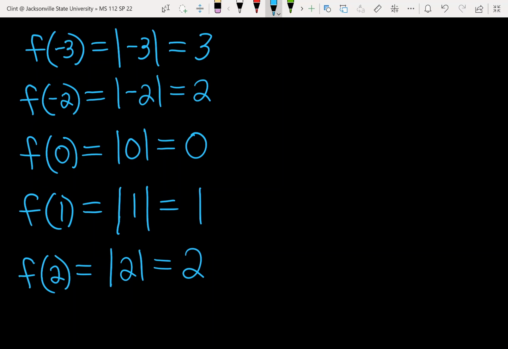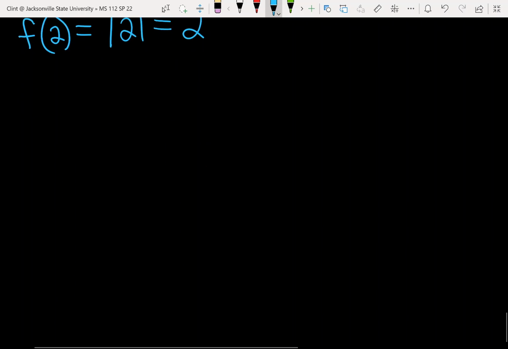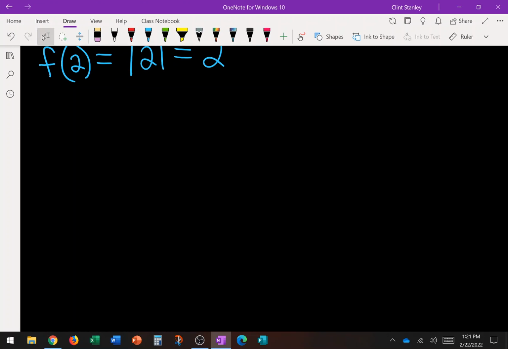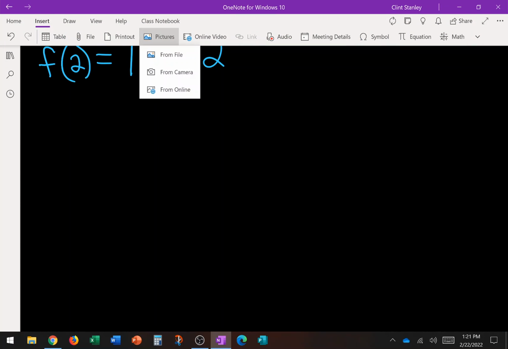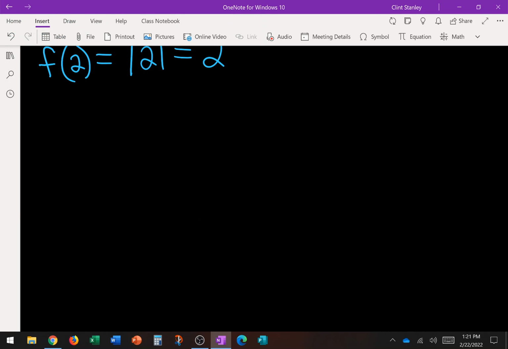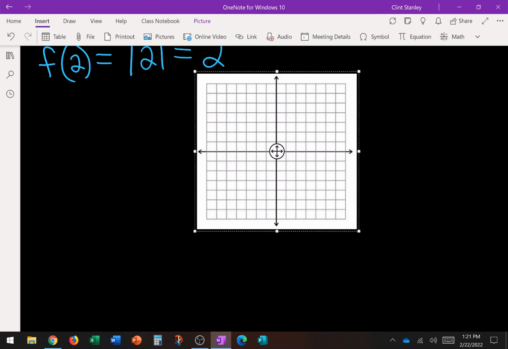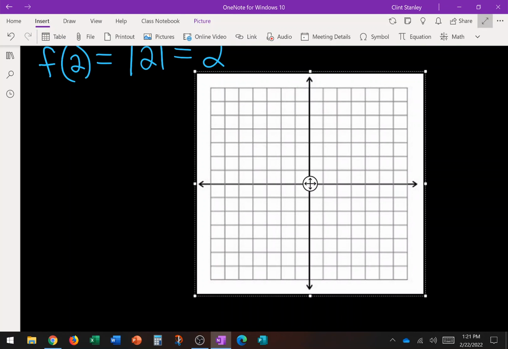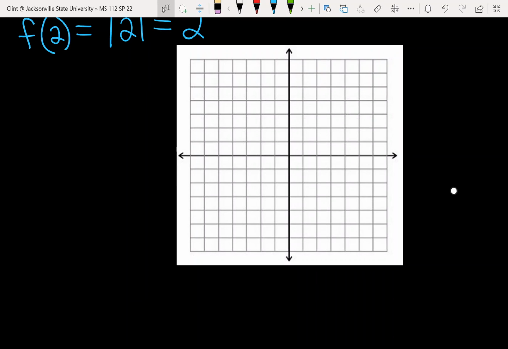What does this one look like? We plot this thing. So let's see, we had -3, 3, -2, 2, 0, 0, 1, 1, 2, 2.